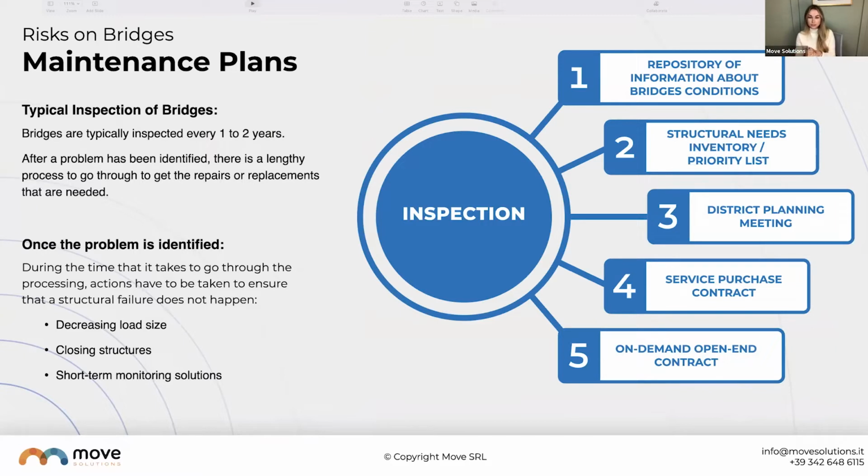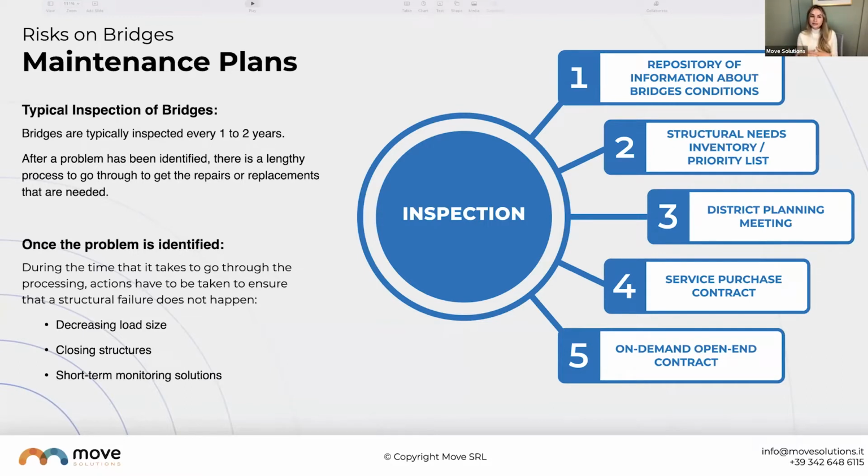I saw many trends, and this is not cut and dry, it depends on state to state, DOT to DOT, but typically on average, bridges are inspected every 1 to 2 years. And once again, maybe some bridges are inspected every 6 months, depending on certain problems with them. So it really depends, but on average, they're inspected every 1 to 2 years.